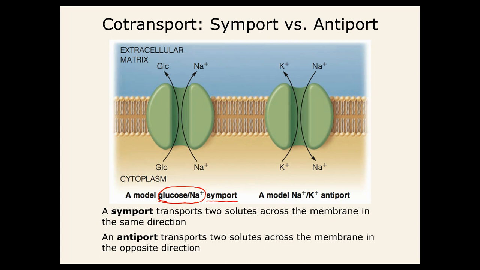So this is showing the flow of glucose from the cytoplasm to the extracellular matrix. And both of the ions are flowing in the same direction. Later, we're going to study the sodium-potassium pump, and that one's Antiport because the sodium is flowing in a different direction than the potassium ion.